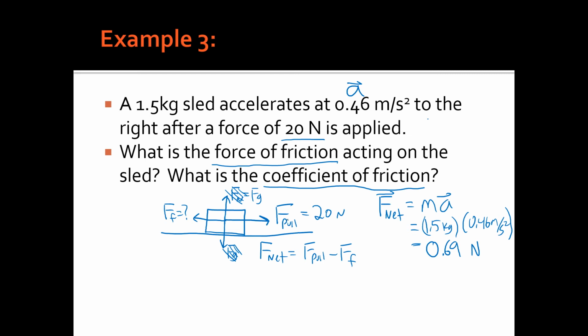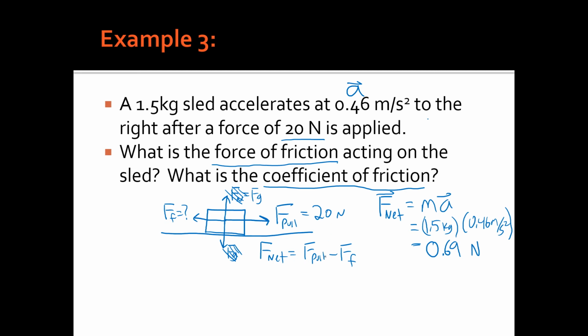It's kind of like positive and negative numbers on a number line. If you're going to the right, you're positive. If you're going to the left, you're negative, and then you just add the two numbers together.